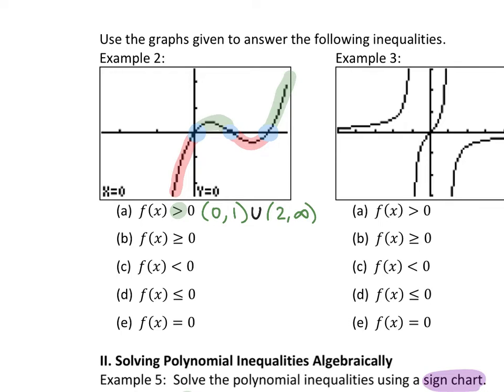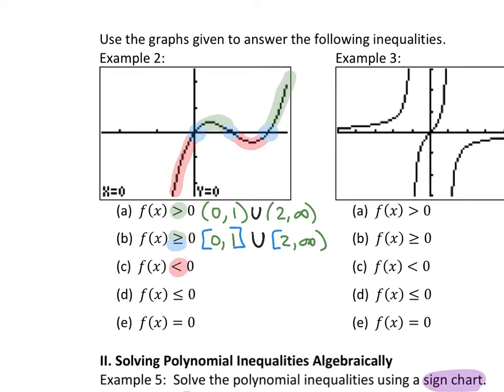But the moment it changes to greater than or equal to, I can include the blue parts because I can include where it's exactly equal to, which means this only changes to being from 0 to 1 with brackets because of the equal to, and a bracket around the 2 as well for the equal to. We didn't have to have an extra set for a particular number because all of the equal to numbers were included in the other intervals.